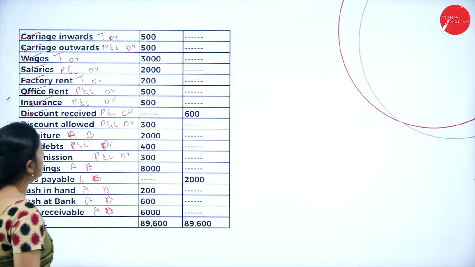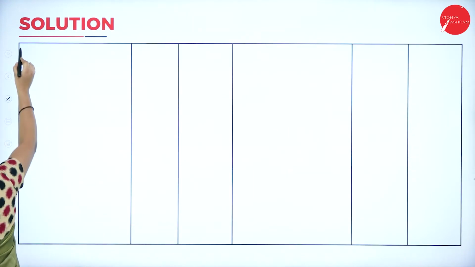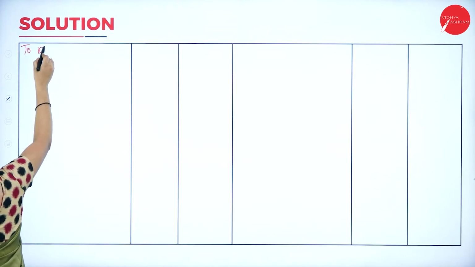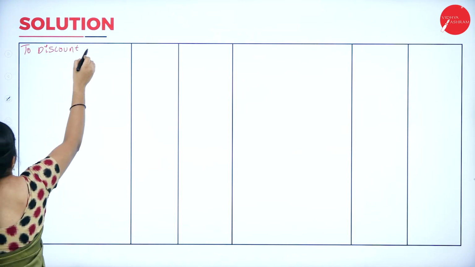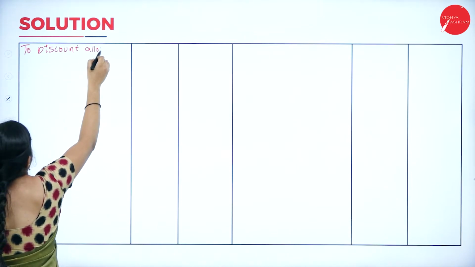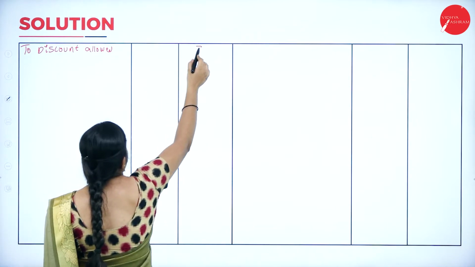Then discount allowed 300. Debit side, right? To discount allowed 300.